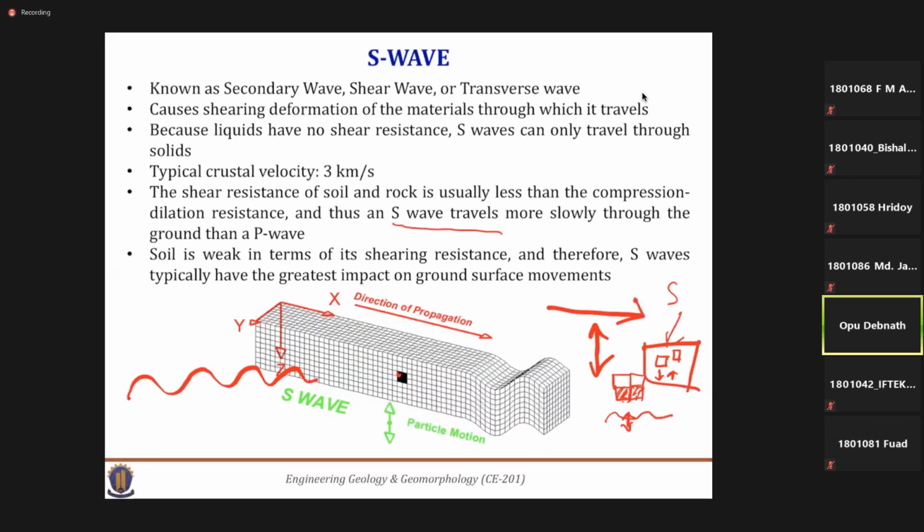And while we record, the first wave recorded is the P wave, and thereafter the surface wave. In terms of shear resistance, the soil is very weak in shear. Therefore soil is strong in compression, but weak in shear. So the S wave has a greater impact on ground surface movement compared to the primary wave.